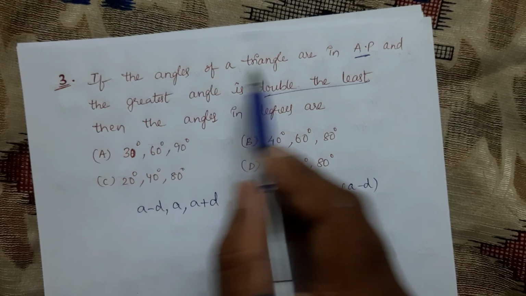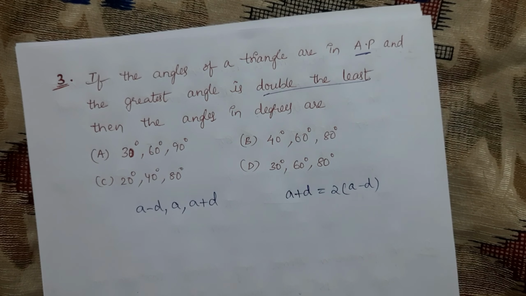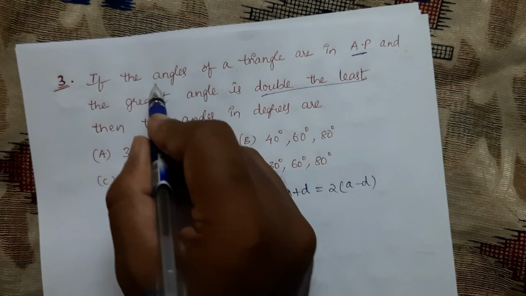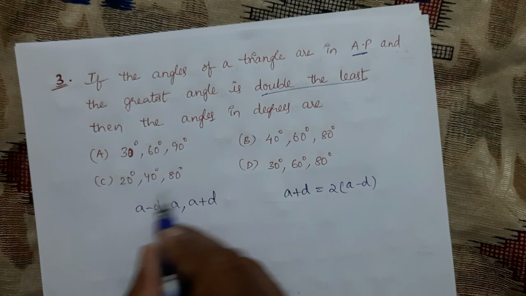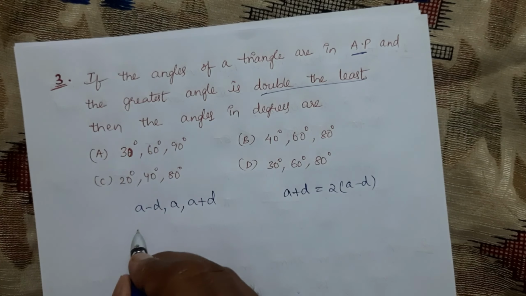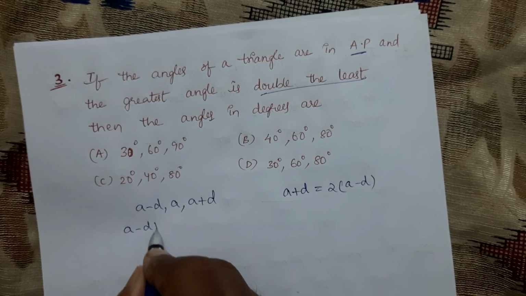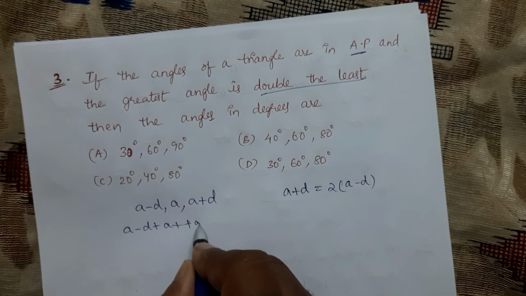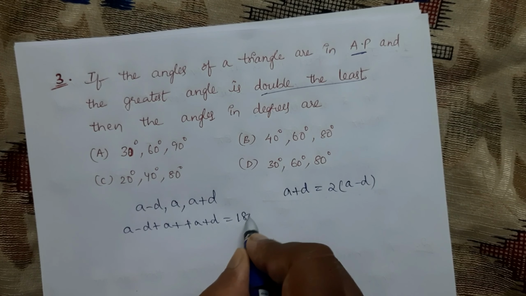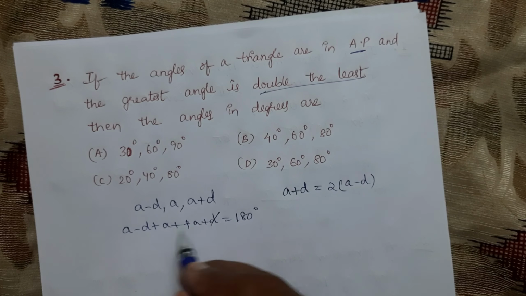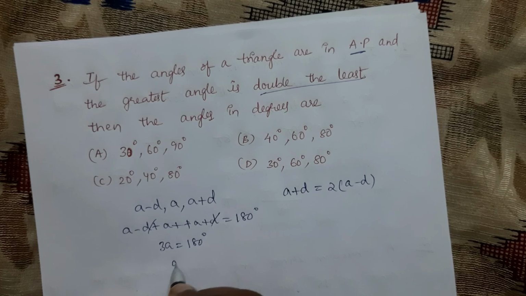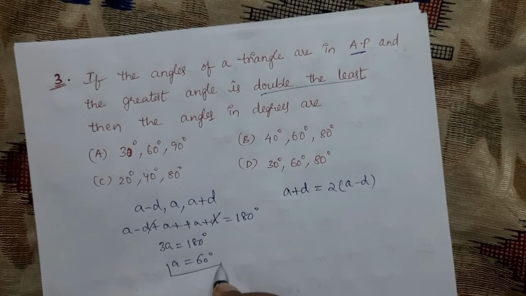We know that the sum of all angles of a triangle is 180. So A minus D plus A plus A plus D is equal to 180 degrees. D and D cancel, so we get 3A is equal to 180 degrees, that means A is equal to 60 degrees.